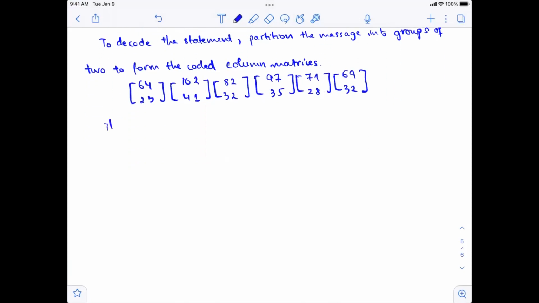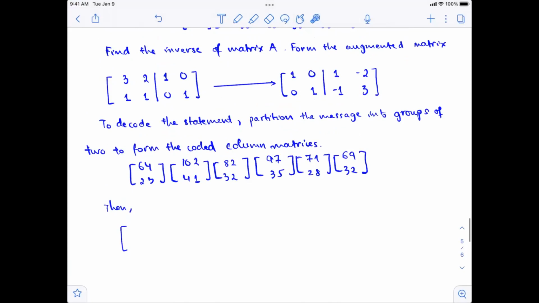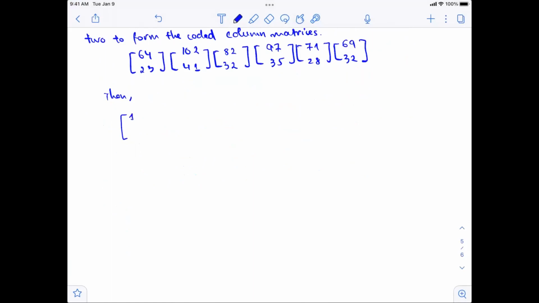Then we take the inverse matrix of the form 1, -2, -1, 3, and multiply it with 64, 23. And you receive another column matrix of the form 18, 5.